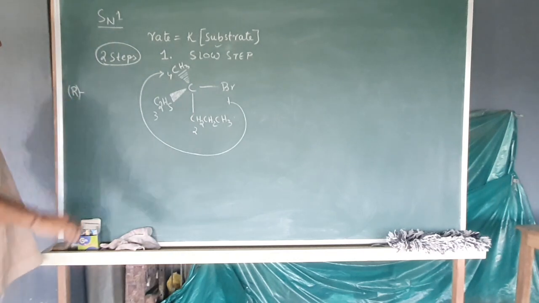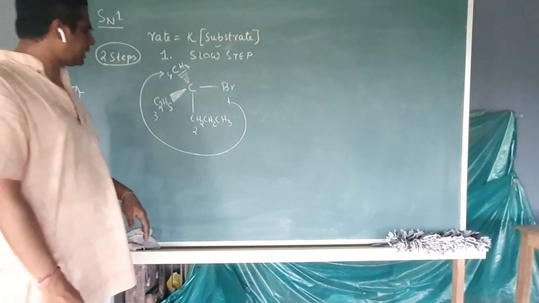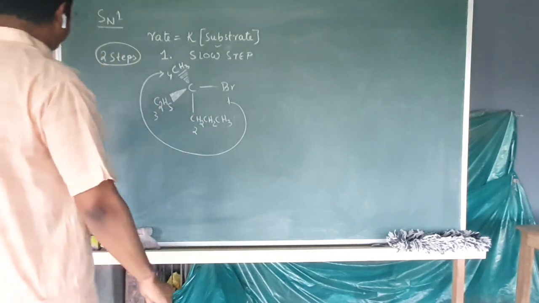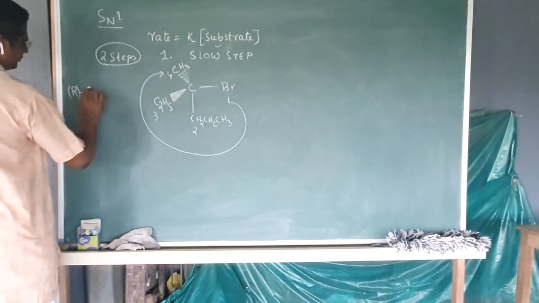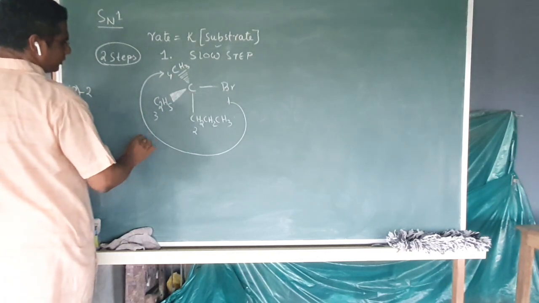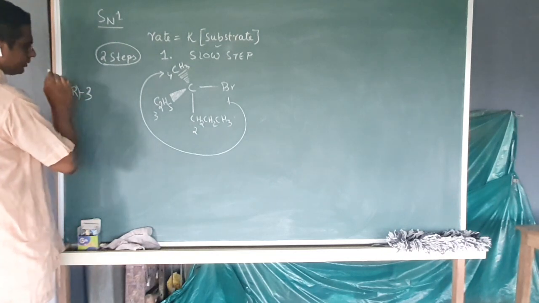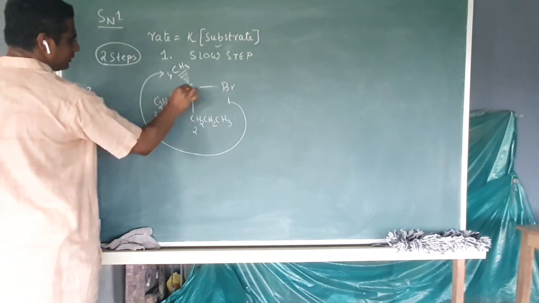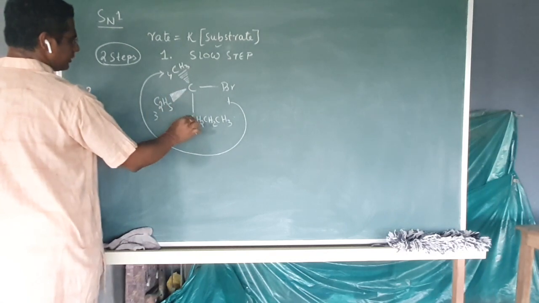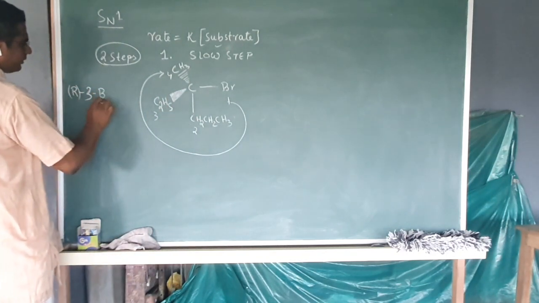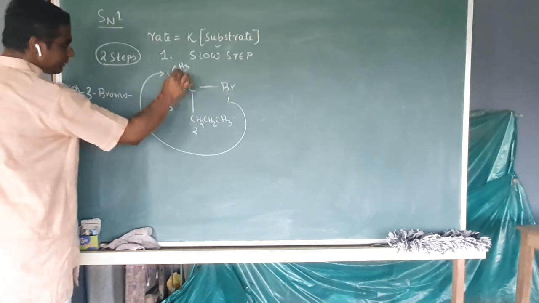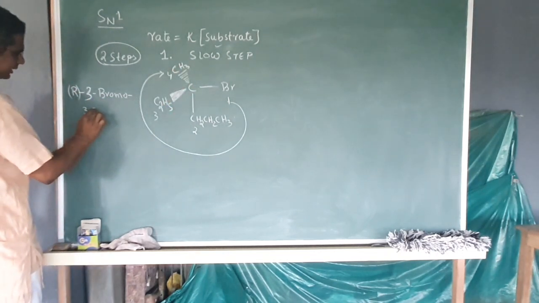Okay? R. And the longest chain would be this one. Right? Not 2 bromo, sorry, it will be 3 bromo. 1, 2, 3, 4. 3 bromo. Then at position 3 there is also a methyl, so 3 methyl.